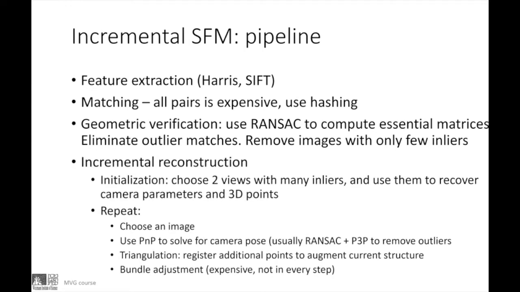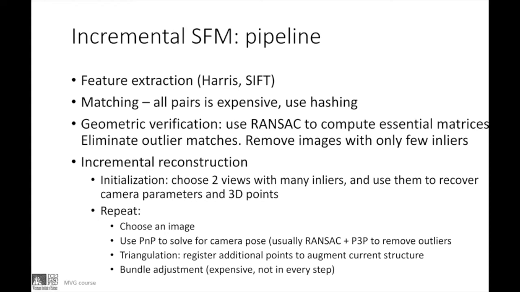And the main step is the step of incremental reconstruction, which proceeds as follows. First, in the initialization, we choose two of the images. We choose them such that they have many common inliers, and then use them to recover camera parameters and 3D points for the two images.